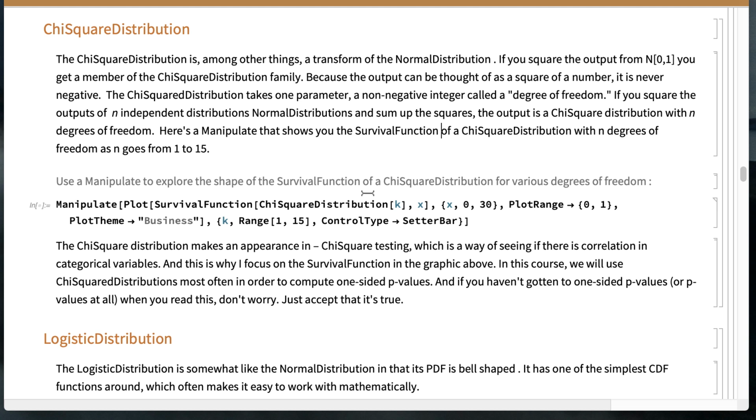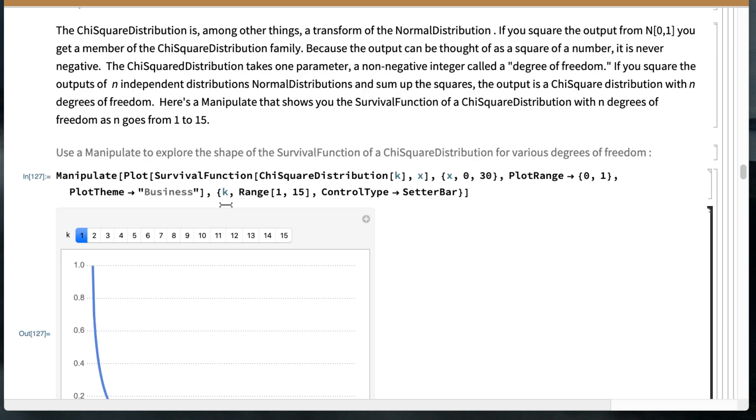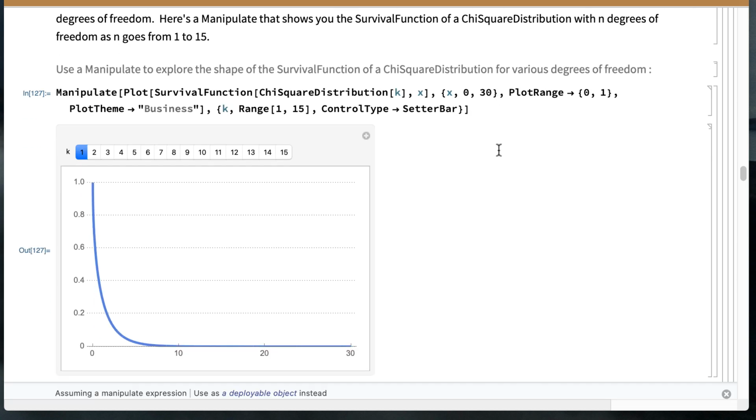If I took the output of n independent normal distributions, and I summed up the squares of their values, that output would be a chi-square distribution with n degrees of freedom. So let's use a manipulate here to take a look at our friend the chi-square. Here's the chi-square with 1 degree of freedom. 2, 3, 4.